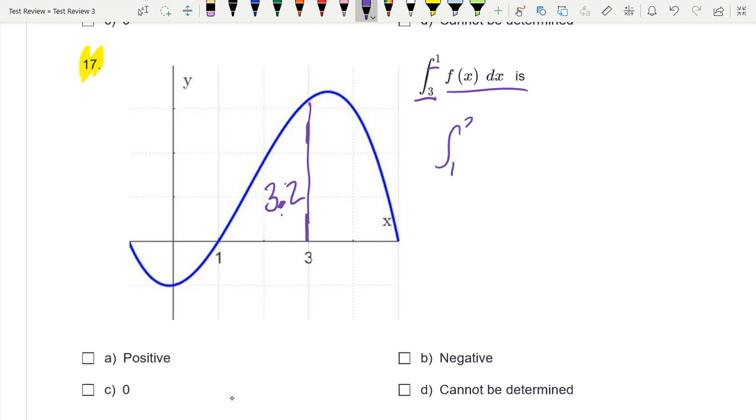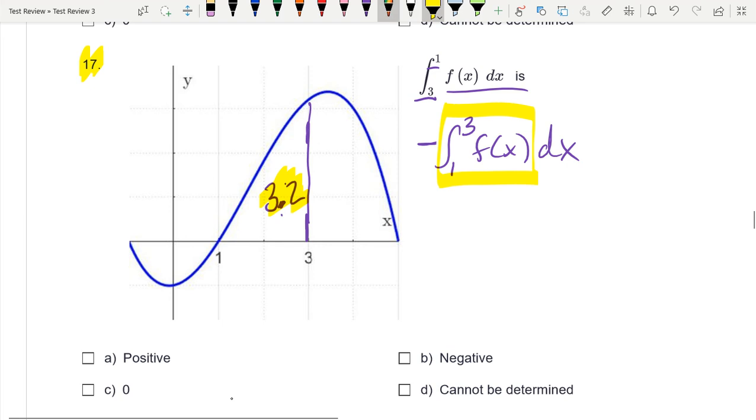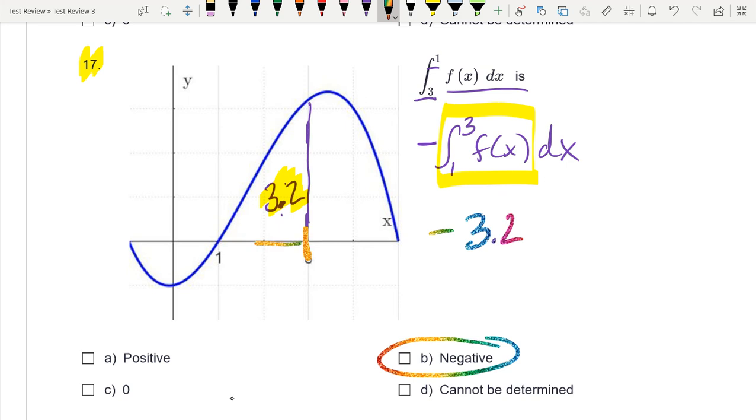If I changed that and made it from 1 to 3 of f of x dx, we'd have to throw a negative sign in front. We know what this answer is, that's going to be that 3.2. And so my answer needs to be negative, like negative 3.2, because we're starting at 3 and we're working back to 1.